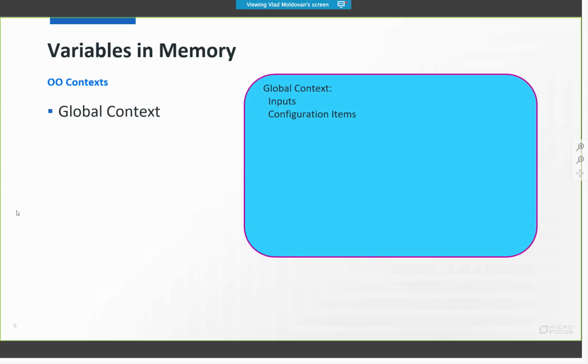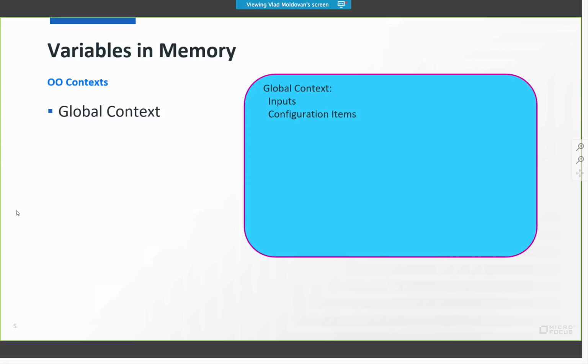So if, for instance, you run as a user who doesn't have view configuration items, no configuration items will be loaded in memory. But if you have this permission in OO Central, all of the configuration items will be stored in this global context.